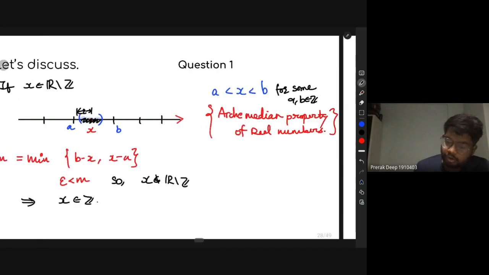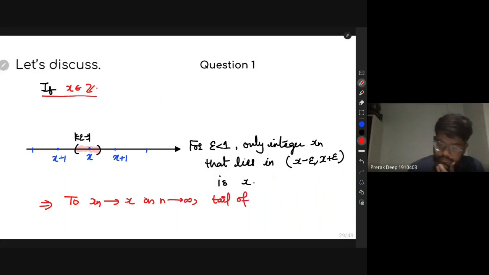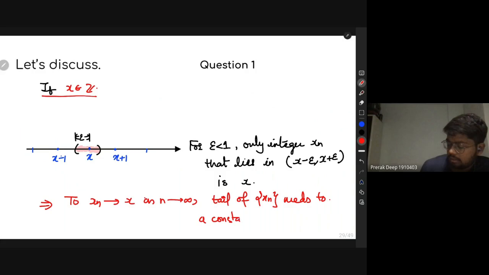So for xn to converge to x as n tends to infinity, the tail of xn needs to be just a constant sequence.